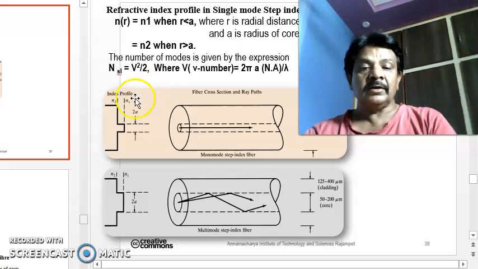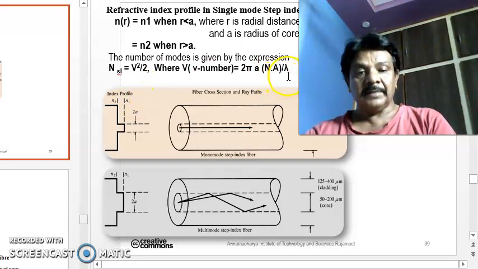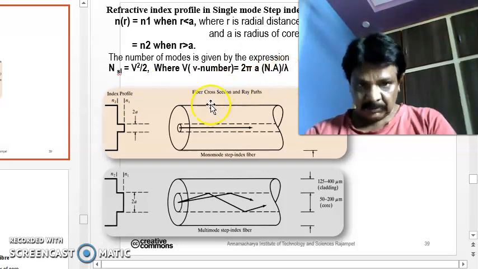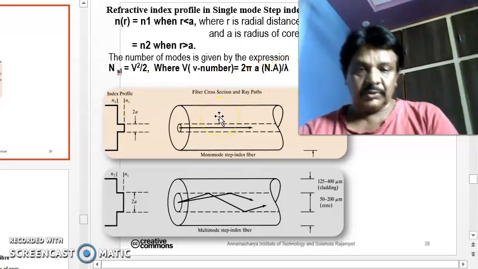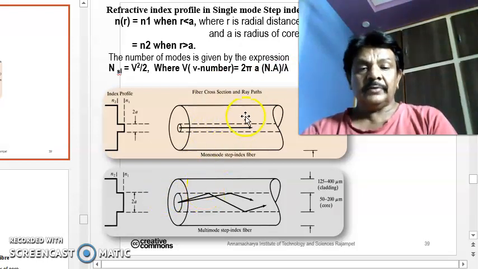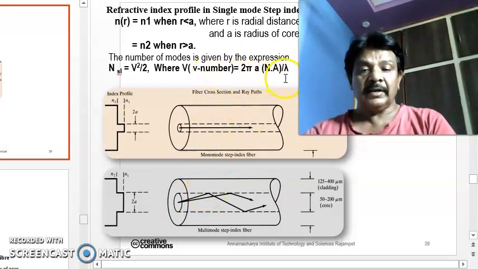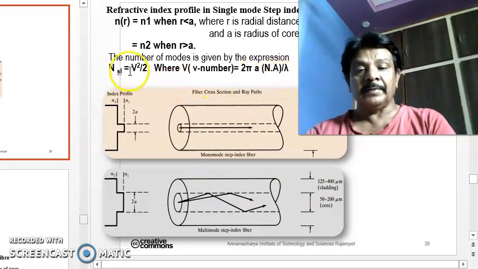Here a is the radius of the core, n of a is the numerical aperture of the optical fiber, and lambda is the wavelength of the laser passing through it. So the V number depends upon a, n of a, and lambda, and the number of modes propagating through this material also changes accordingly.